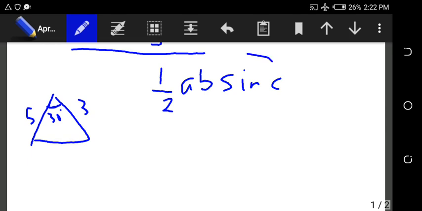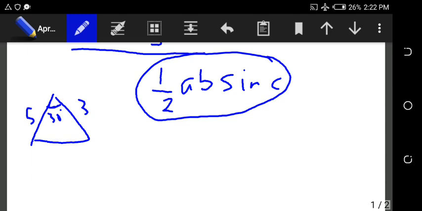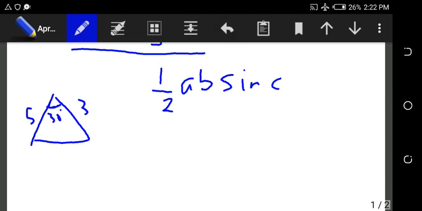We make use of this formula, half AB sine C, because it has two given sides and an included angle, and because the angle is not a right angle, not 90 degrees, we'll have to solve all the way through. So when we want to solve for the area of a triangle like this, our A could be 3, our B could be 5, sine 30 degrees.